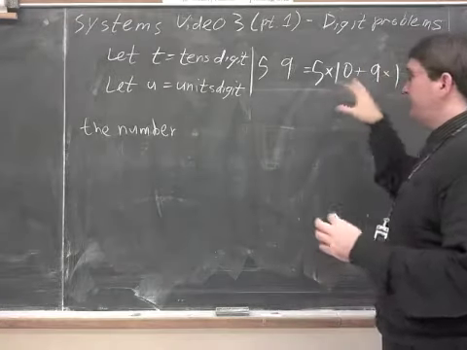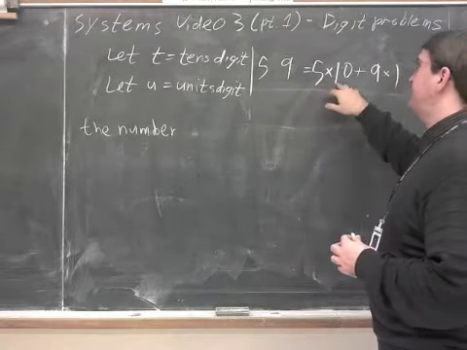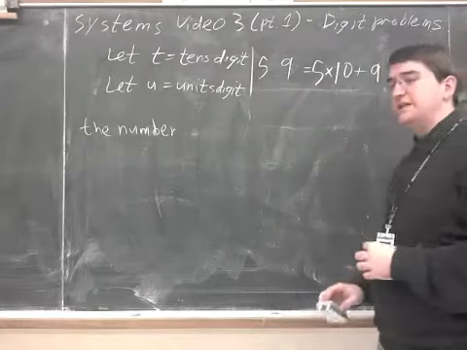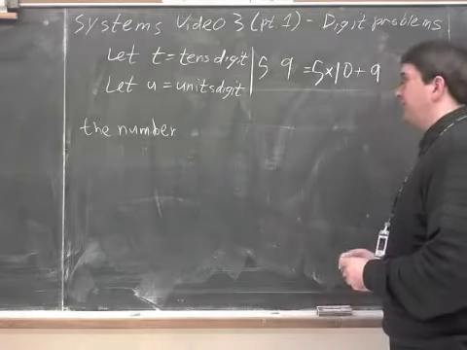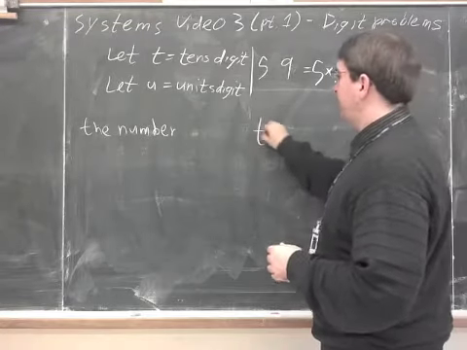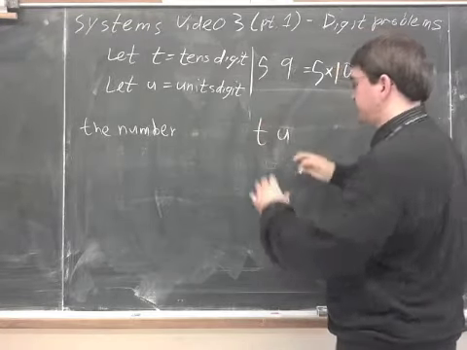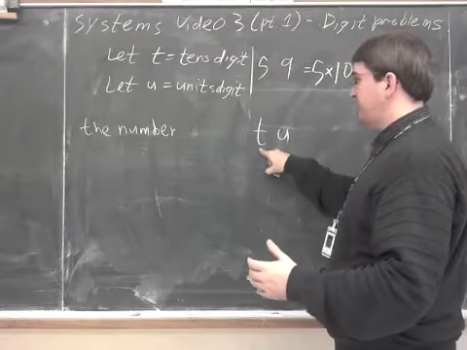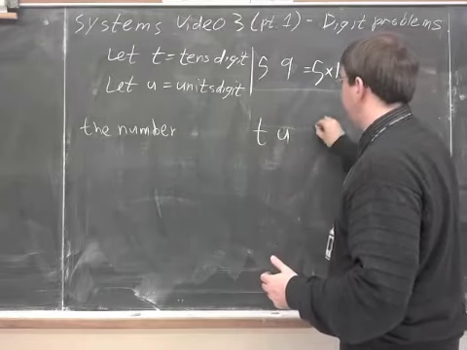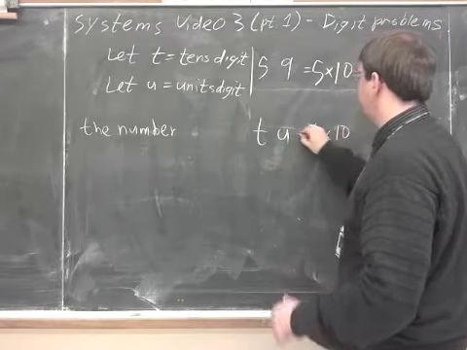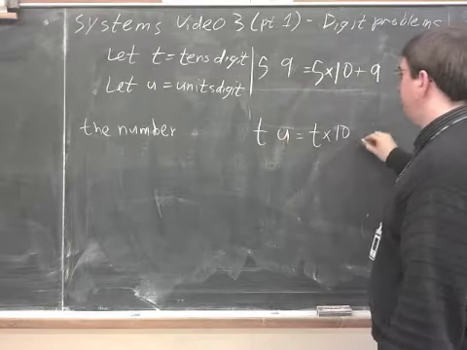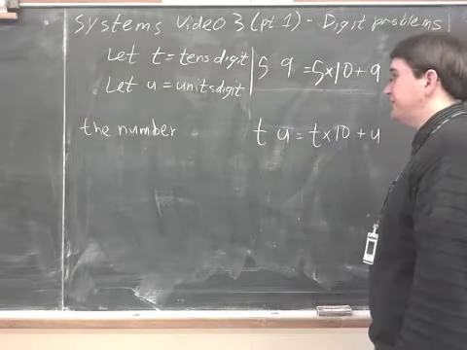We could write the expanded form of this as 5 times 10 plus 9 times 1. And you could argue that you don't really need that times 1 there, but that's kind of the idea. So when we have the number tu, which is the 2-digit number here, what we're really saying is that t is the tens digit, so we have t times 10, and u is the units digit, so it would be plus u.